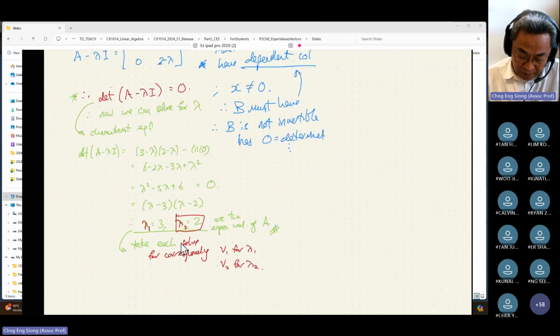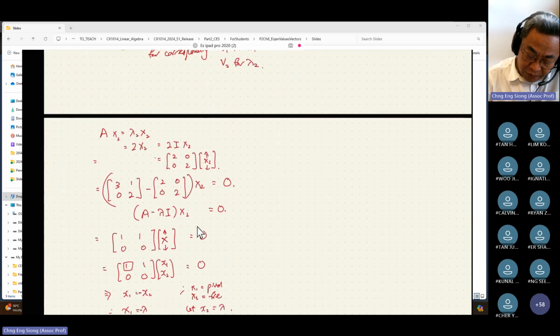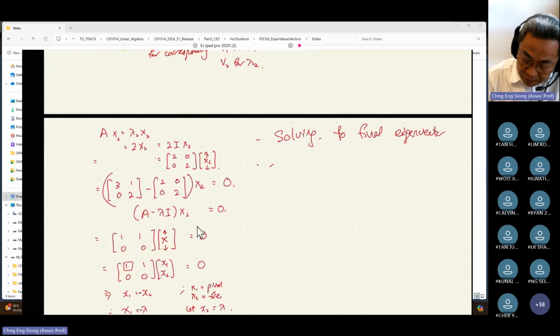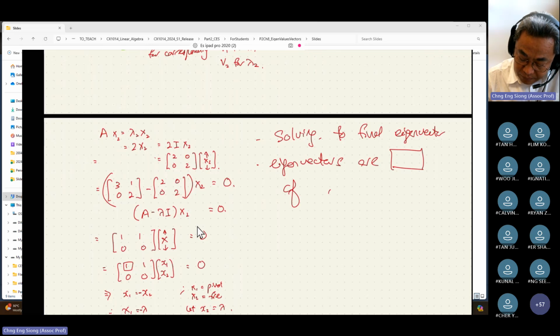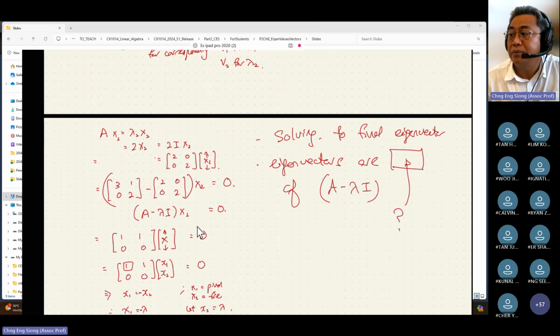For each of these eigenvalues, you substitute and solve. What are you solving, guys? This is the interesting part. You're solving to find the eigenvectors. And the eigenvectors are what? What is this word that I'm looking for? See, I am finding A minus lambda I times x2, and x2 is the eigenvector.